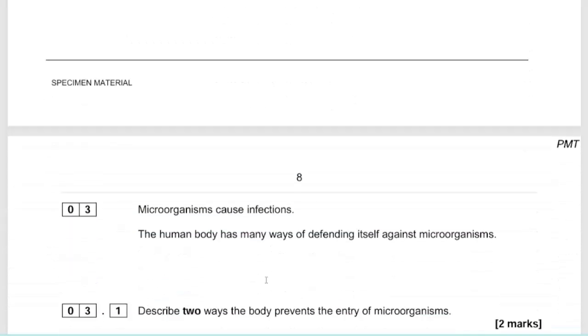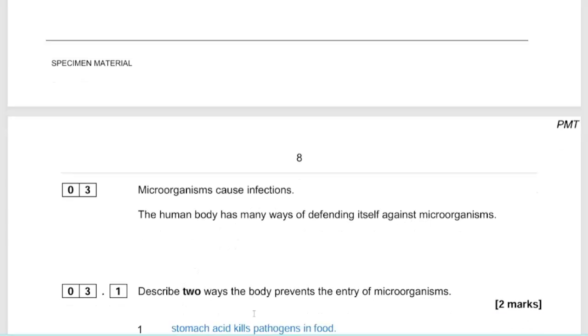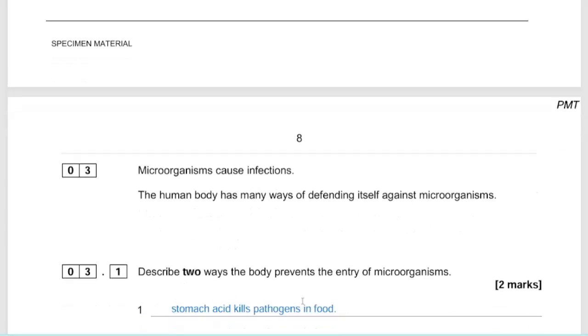Okay, on to question 3. Microorganisms cause infections. The human body has many ways of defending itself against microorganisms. Describe 2 ways the body prevents the entry of microorganisms. Firstly, stomach acid kills pathogens in food, like if you eat something which contains bacteria, a lot of the time the stomach acid will just kill it, preventing you from getting ill.